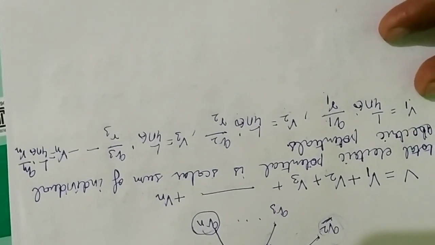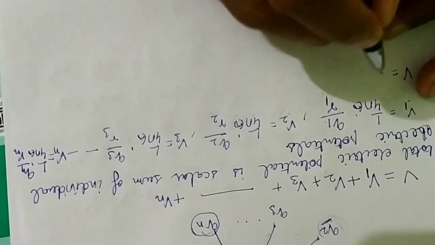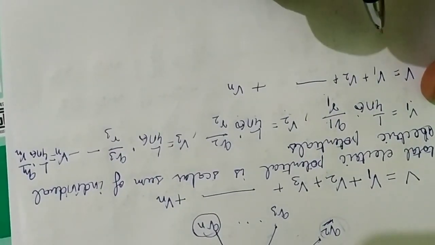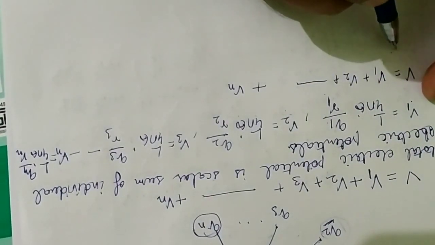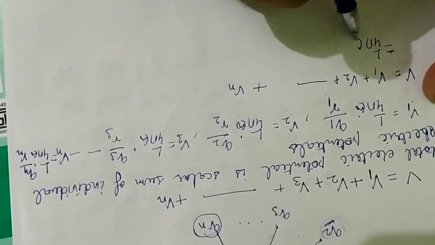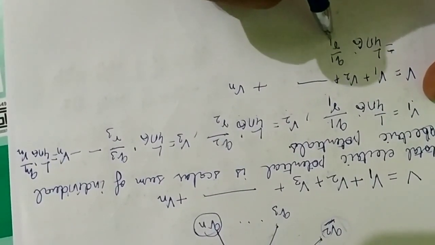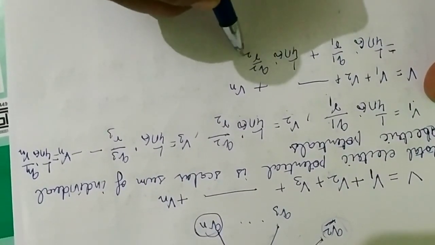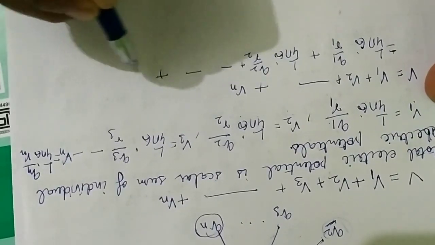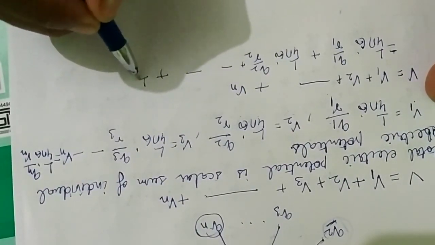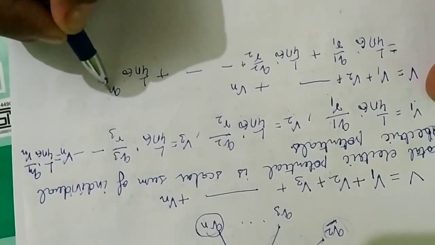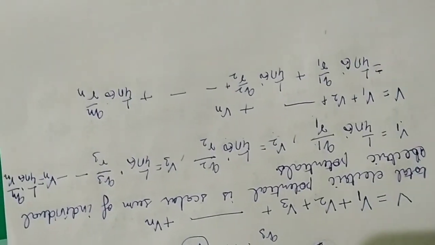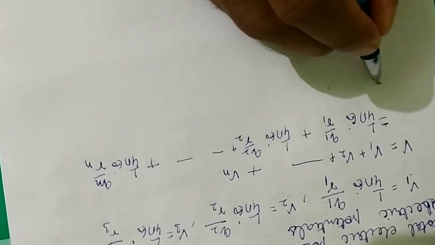Now the total electric potential will be V1 plus V2 plus so on up to Vn. Writing the individual potentials, 1 upon 4 pi epsilon naught Q1 by R1, and second, 1 upon 4 pi epsilon naught Q2 by R2, and similarly V3; here I am skipping it. Vn will be 1 upon 4 pi epsilon naught Qn divided by Rn. Since 1 upon 4 pi epsilon naught is common, I can write it in a simple form.